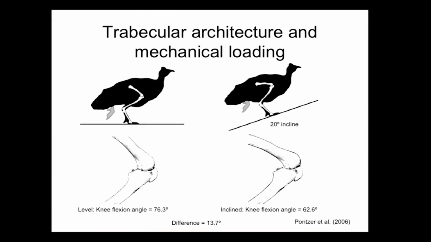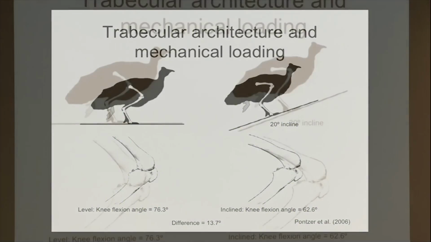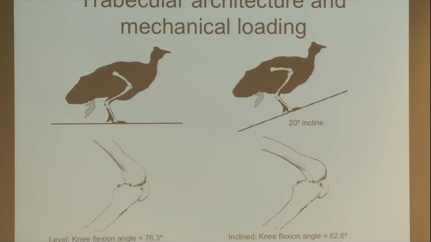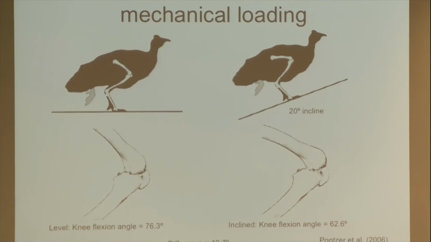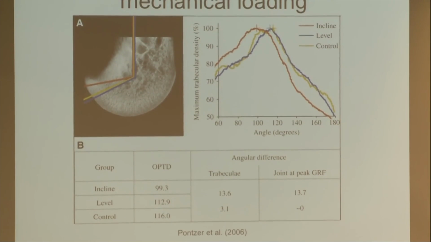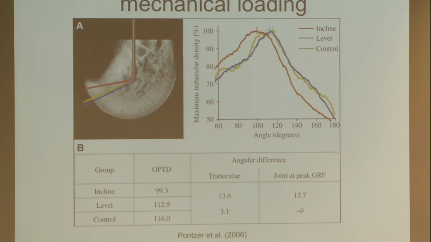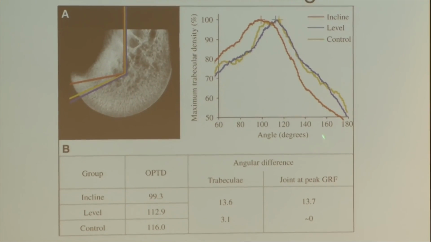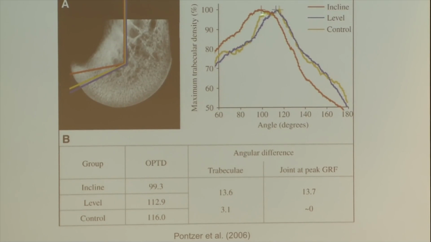On the level, the knee flexion angle was 76.3, and here it was 62.6, so the difference is 13.7. Then this table summarizes these results. This is the maximum trabecular density, and this is the angle. Here we have the incline, the control was the yellow, and the level was the blue. They've got the values for that peak trabecular density orientation, for the level.